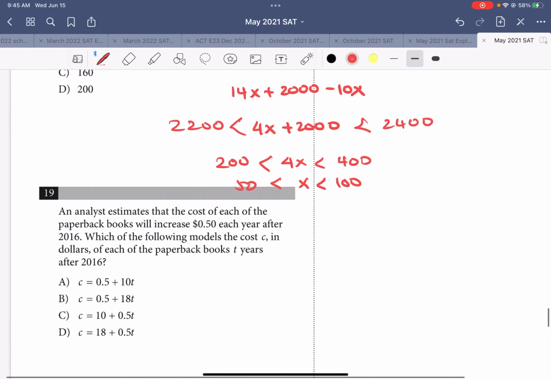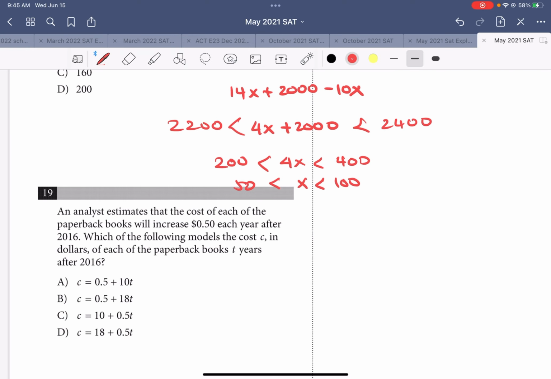Number 19. An analyst estimates the cost of each paperback book will increase 50 cents each year after 2016. So it increases by a certain amount. So that's linear, as you see all of them are linear. Which of the following models the cost C in dollars of each paperback book T years after 2016?